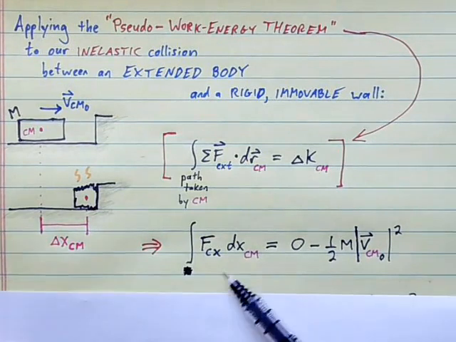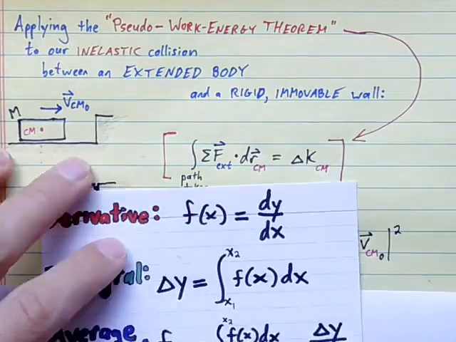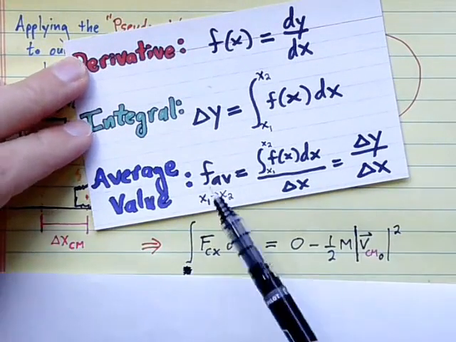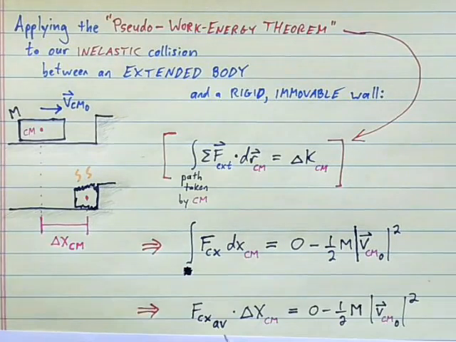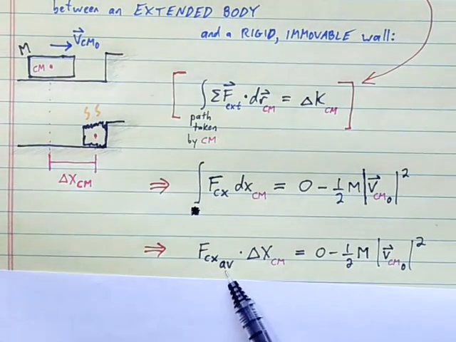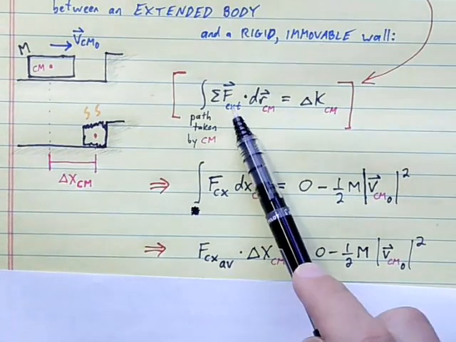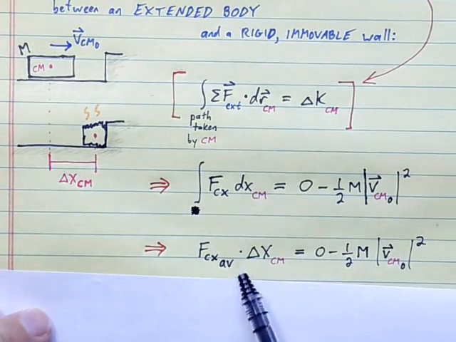What you could do to analyze this integral here is, say, replace it with the average value. Since an average value is always defined in this way, we can replace this integral with respect to position with the average value of that force exerted by the wall, that external force from the wall, dotted with this delta x.